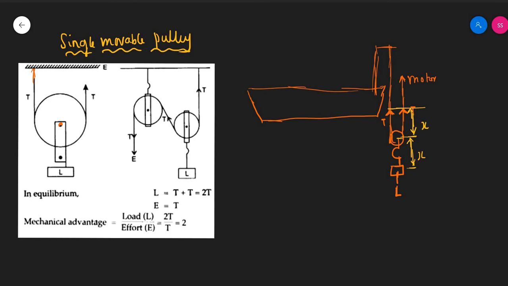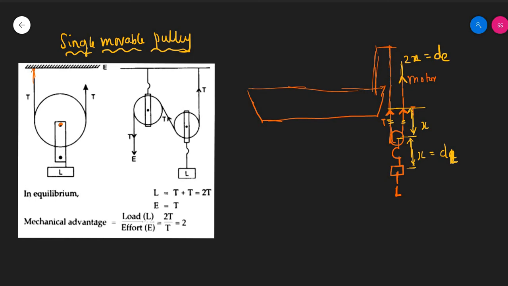So you have 2 sections of rope that have to move up, which means to pull this up you will have to pull by a distance of 2x. If the distance moved by the load is x, because there are 2 ropes which have to be lifted by x, your effort is moving up by 2x.